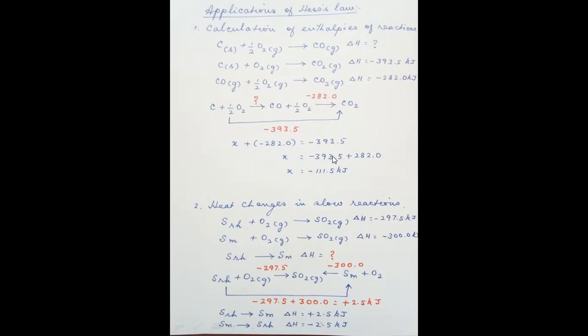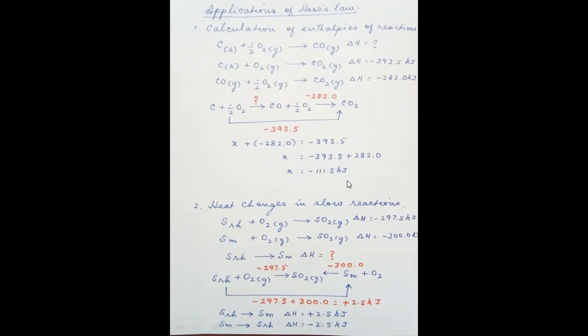So having this statement, I'm able to find out that x is equal to minus 111.5 kilojoule. So the enthalpy change accompanying this process of converting carbon solid into carbon monoxide is minus 111.5 kilojoule. This is one of the applications of Hess's law.